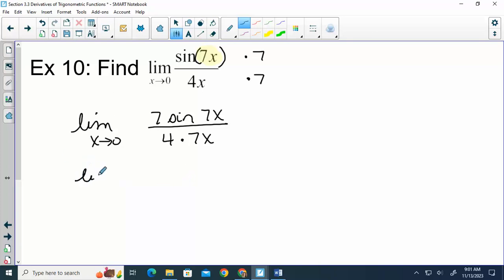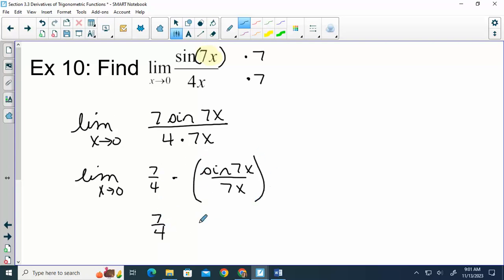Another way to look at it would be to totally separate that off. And now we can evaluate. The 7 over 4 is a coefficient, it would just stay. Because of the theorem, what does sine of 7x over 7x go to when x is approaching 0? 1. So this limit is equal to 7/4.